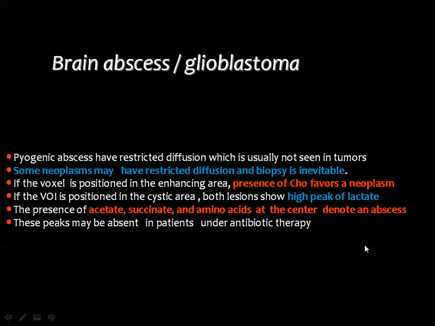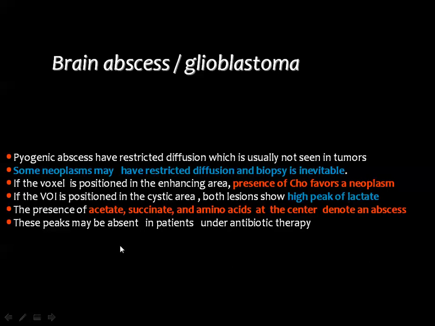But according to the literature, some neoplasms may show restricted diffusion and may be mistaken for an abscess. The presence of choline favors a neoplasm, and the presence of lactate cannot differentiate between abscess and glioblastoma, because lactate is usually seen in necrotic areas and also in cystic areas.